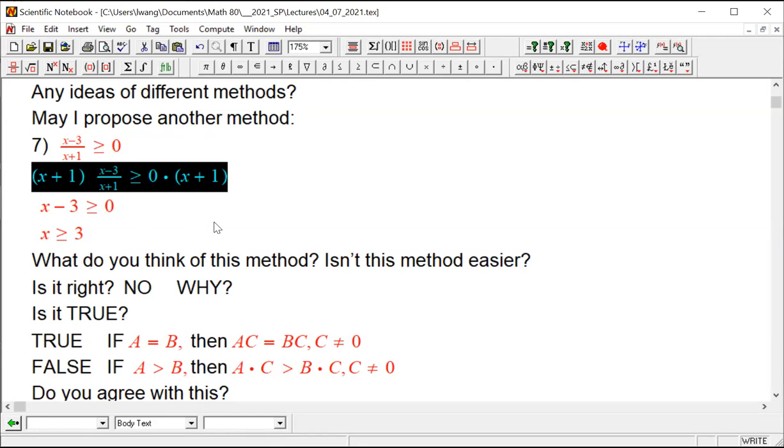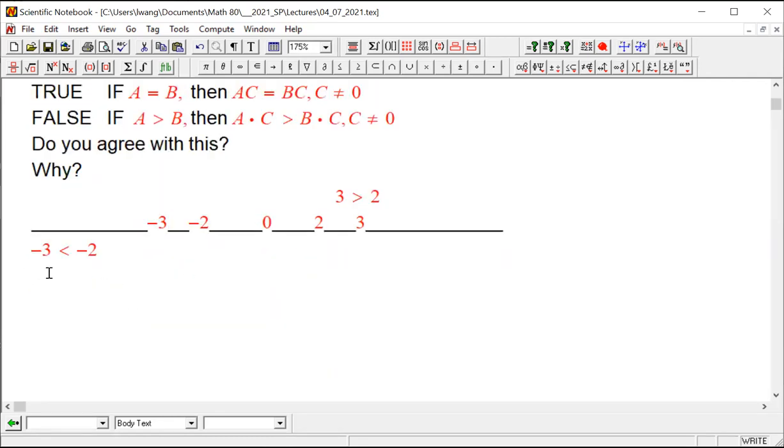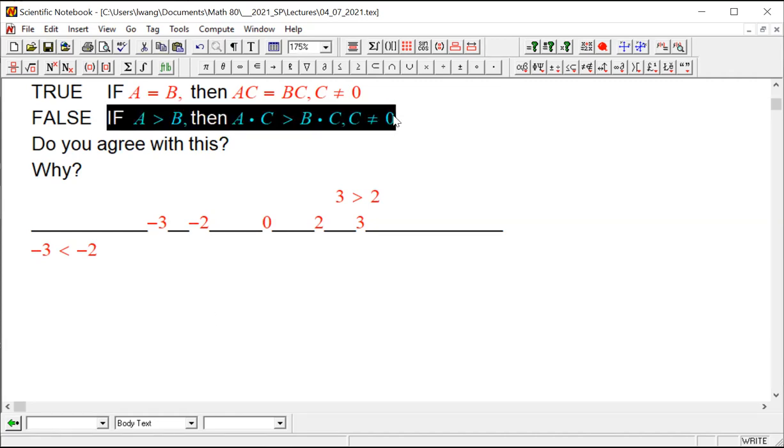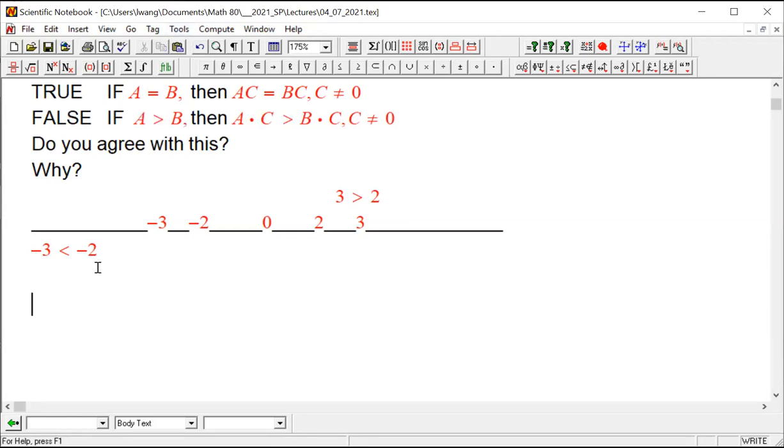So how do we make amends? Here's how. If A is larger than B, and C is positive, that will still be true.